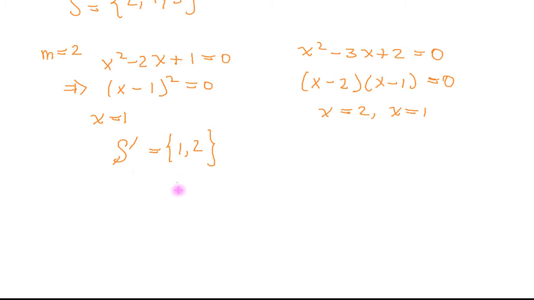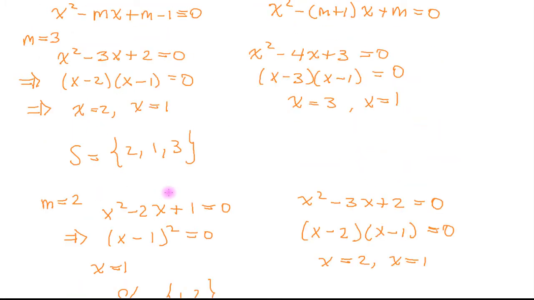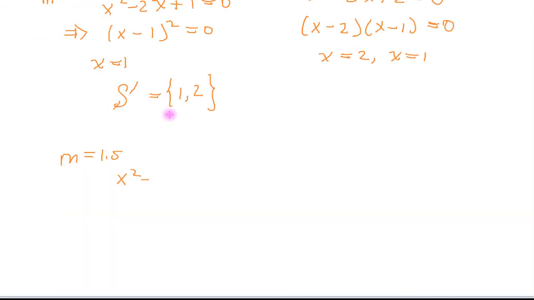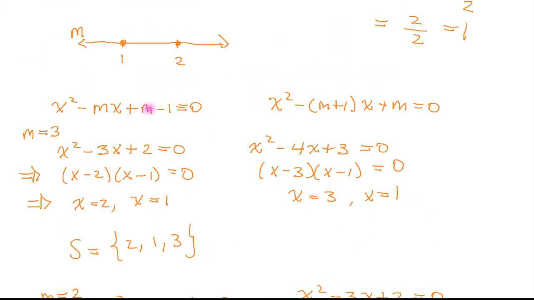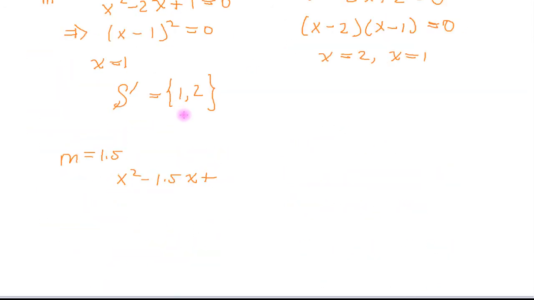So for m equal to 1.5, we have x squared minus mx, so it will be minus 1.5x plus 1.5 minus 1, which is just 0.5, equal to 0. And here I'm going to have x squared.